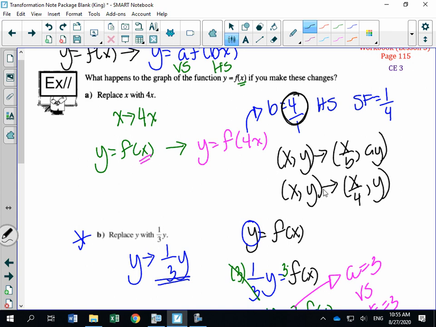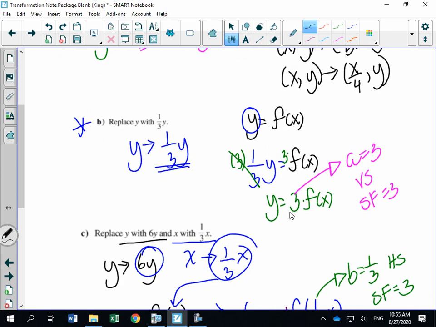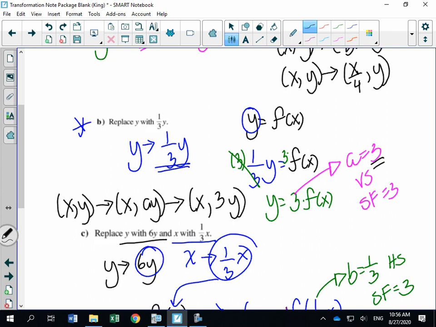So that would be this mapping notation. This guy here, we had an a value of 3. So the mapping is x comma y to x over b. There's no b value, so I'm just going to omit it. A times y, so our new coordinate would be x, and what was our a value? 3y. That would be the mapping, xy to x, 3y.